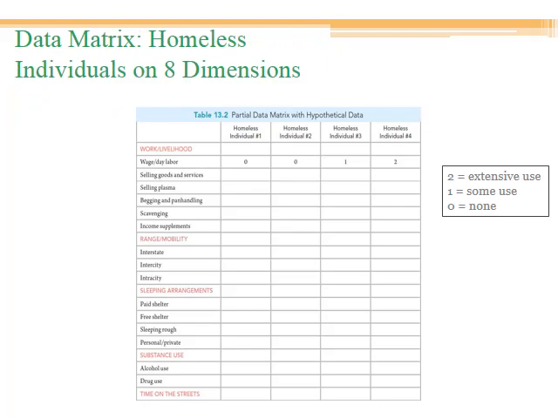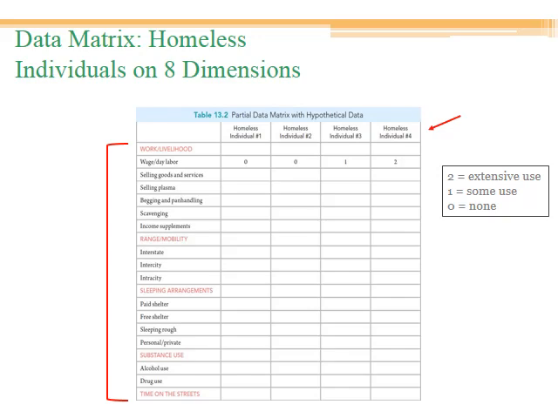Here is a data matrix. This is a data matrix including information from 4 homeless individuals on 8 different dimensions. Notice that the columns are the individual participants. Here are the rows that are representing or reporting the different coding categories and the variations within each category.